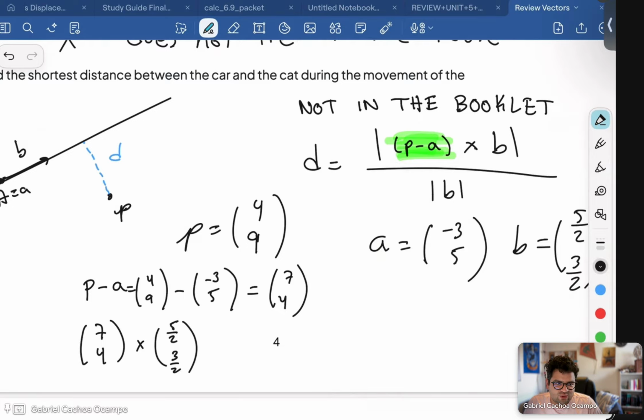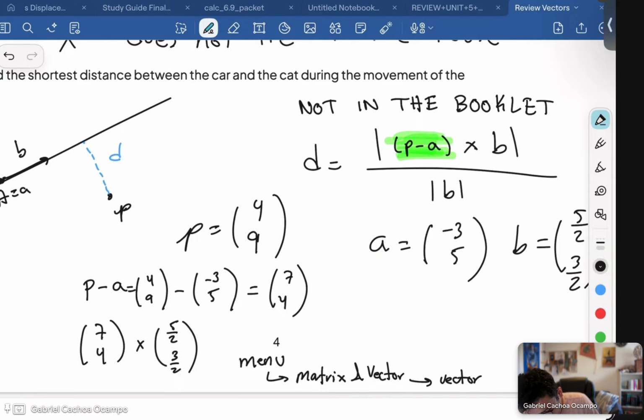This one you can also do with your calculator. And remember how to do it with your calculator. You go to menu, matrices and vectors. You go to vectors, which is the last option. And after doing vector, you go to cross product, no?